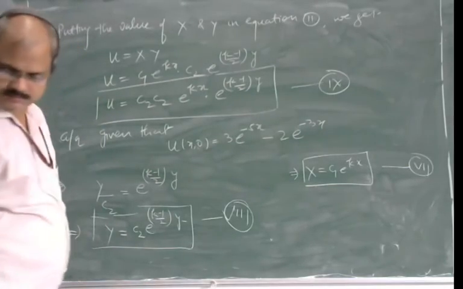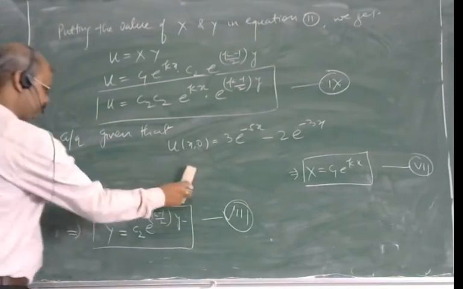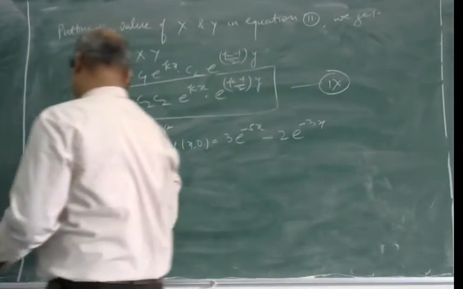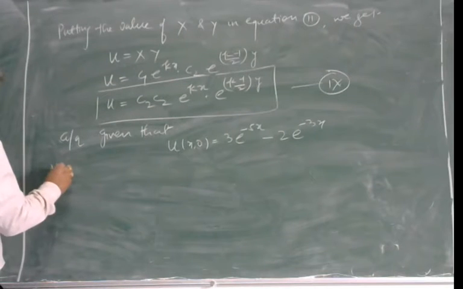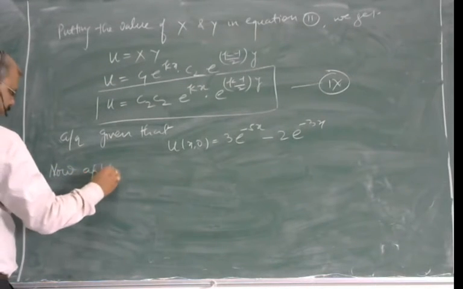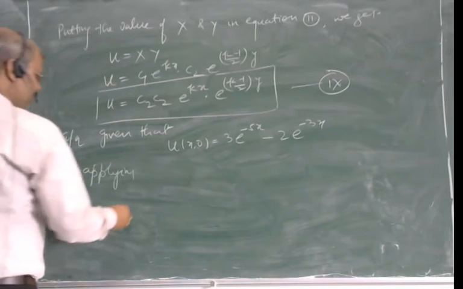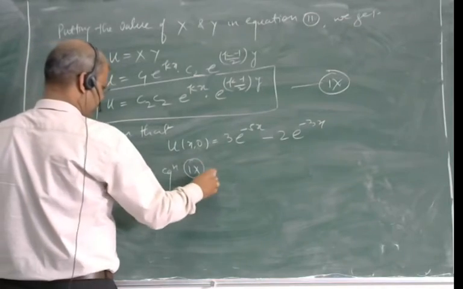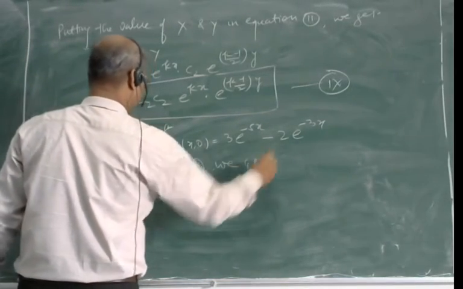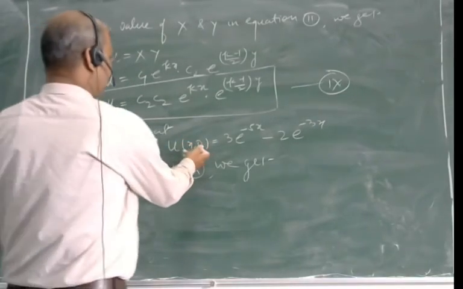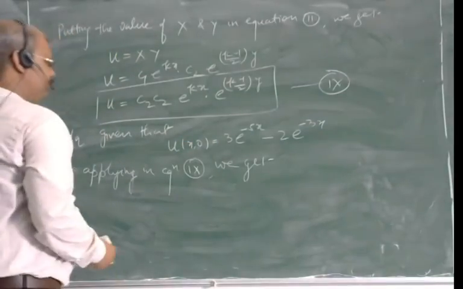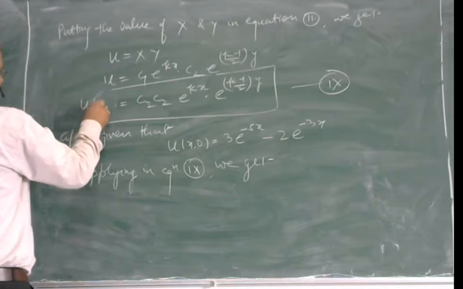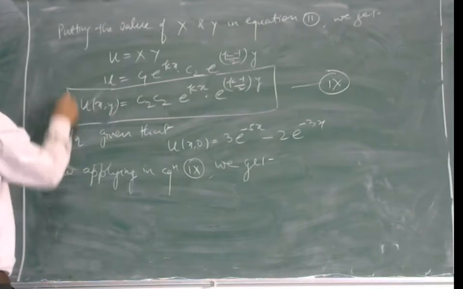So now applying in equation 9, if y equals 0, because u is a function of x and y, we can write u(x,y) is equal to this.